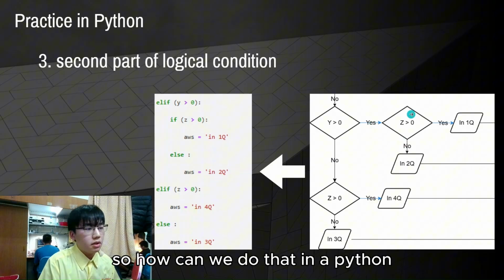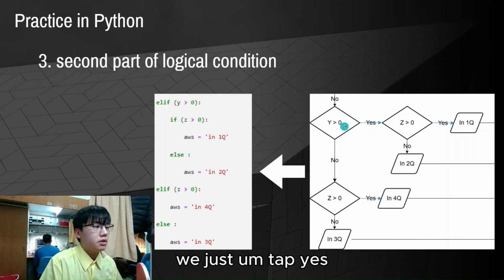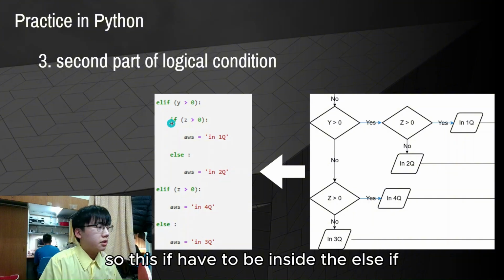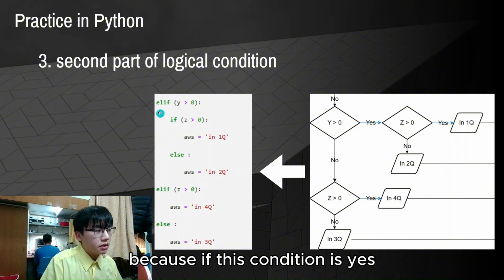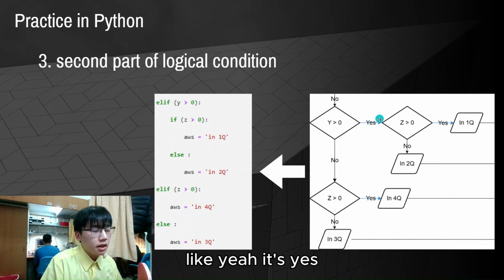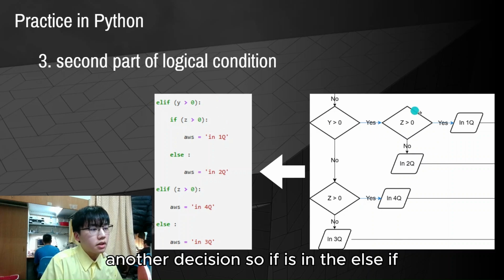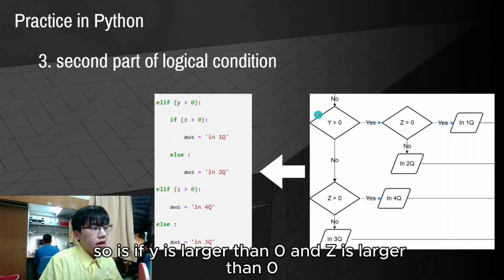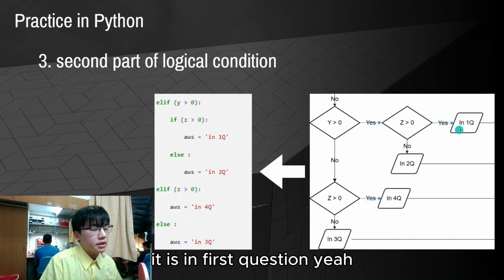So how can we do that in Python? We just tab, yes. So this if has to be inside the else if, because if this condition is yes, it's another decision. So if is in the else if. So if y is larger than 0 and z is larger than 0, it is in the first quadrant.